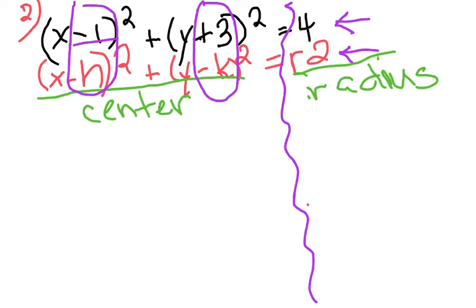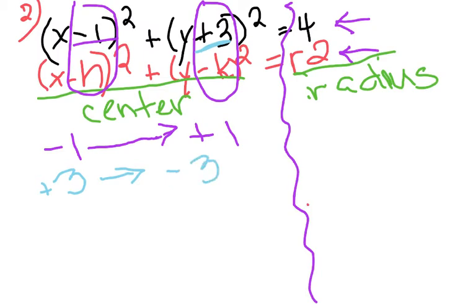So starting up here, you have -1, and you're going to take the opposite. The opposite of -1 is +1. So that's not so bad. Now we're taking the 3, and the opposite of +3 is -3.